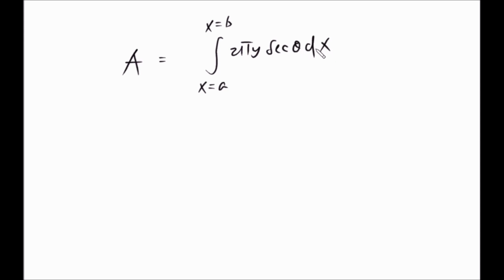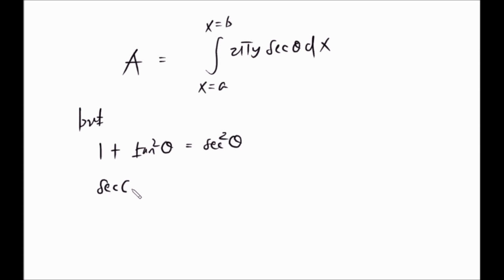So we have seen that the area, if I rotate the curve y is equal to psi x from x equals to a to x equals to b, is equal to the integration from x equals to a to x equals to b of 2 pi y sec theta dx. But we know that 1 plus tan squared theta is equal to sec squared theta.